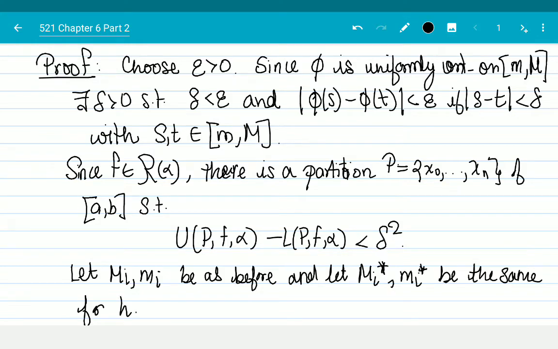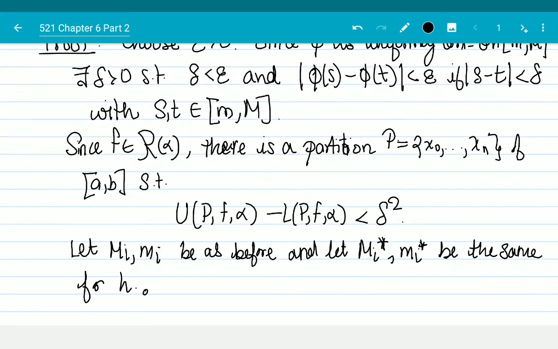The only reason I'm writing this is because there could be a small confusion. Am I taking capital Mi and small mi of f or h? These are for f, and Mi stars are for h.